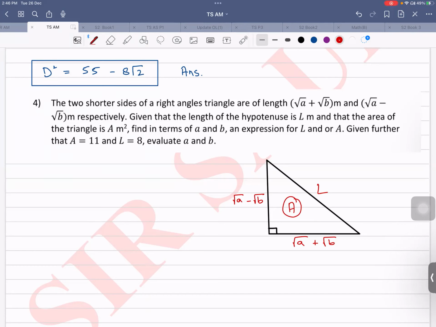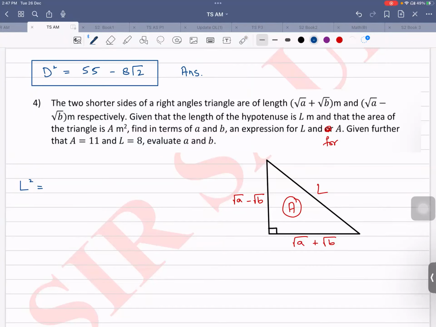Find in terms of a and b an expression for L and for A. So we have to find both. So in order to find L, what are we going to apply? Sir, haven't they already given us the value of L? That comes later, right? Given further that A equals this. That is for later. First it says find in terms of a and b an expression for L and A. Okay, okay. So let's apply Pythagoras theorem.